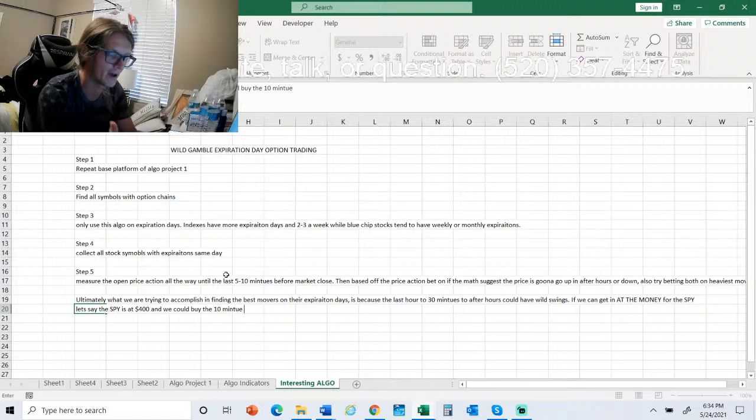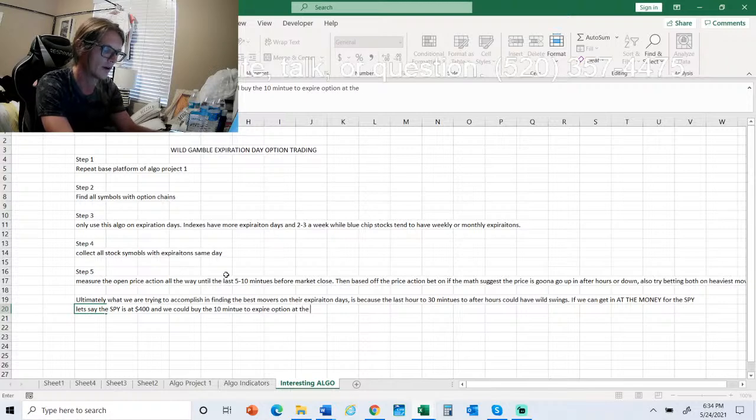It's actually a couple hours, but you count it as 10 minutes because you can no longer trade it, but it closes in the after hours, but we'll pretend that it's 10 minutes. Let's say that the SPY is 400 and we could buy the 10-minute to expire option at the $400 strike for an ask price of, let's just say, 20 cents.